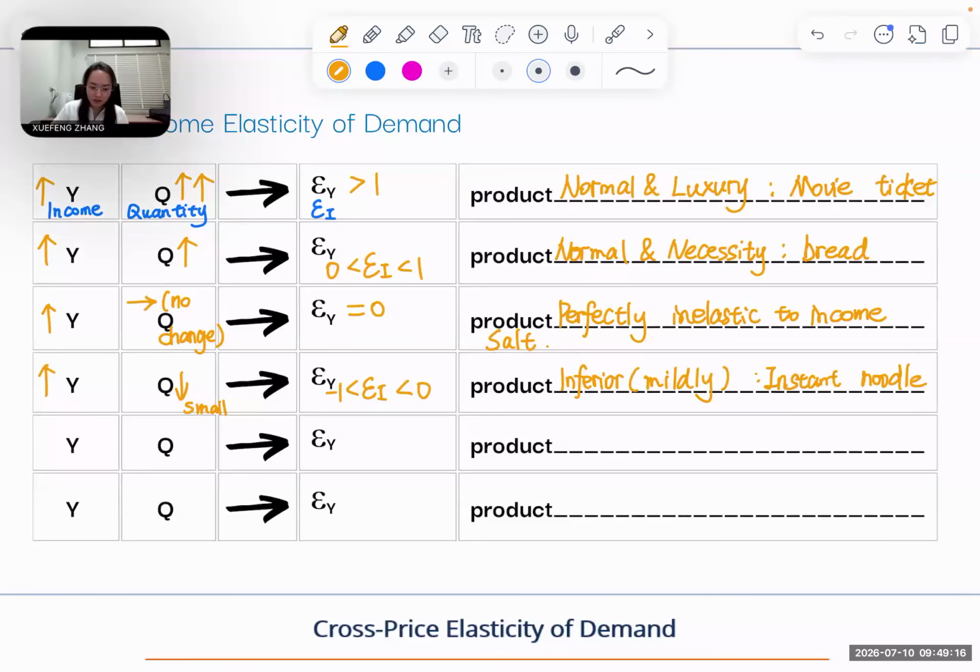Next one, suppose income increases, but the quantity decreases by a lot, so here it means a big amount of decrease. In this case, epsilon I is less than -1. This means the product is strongly inferior, like the public bus.